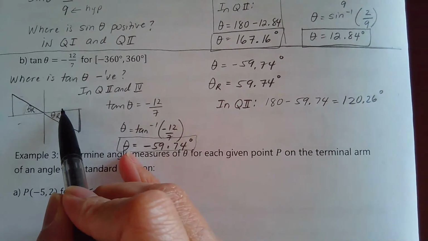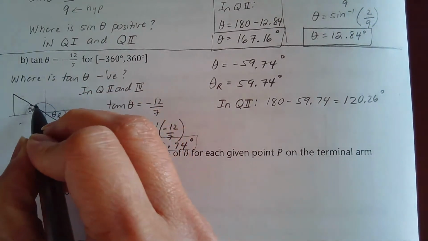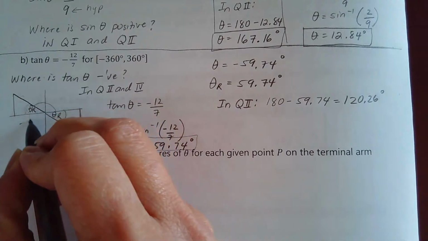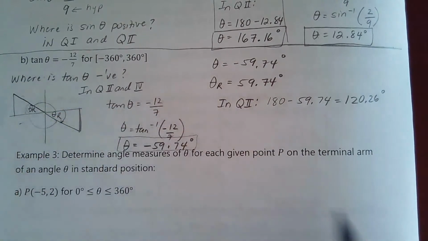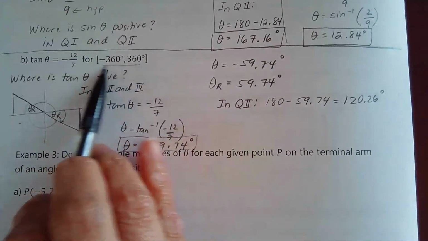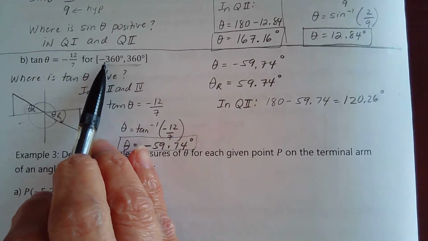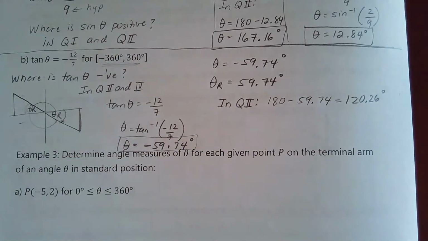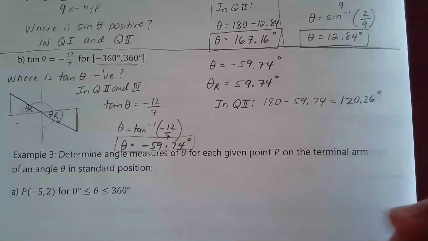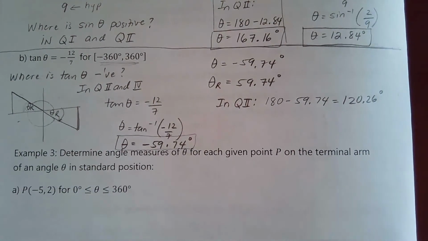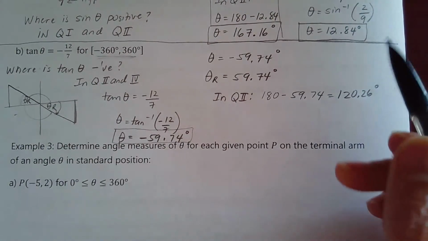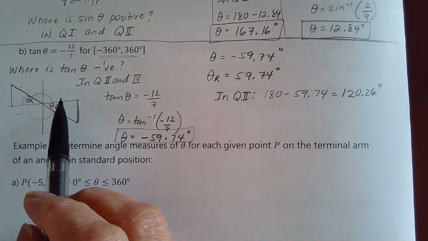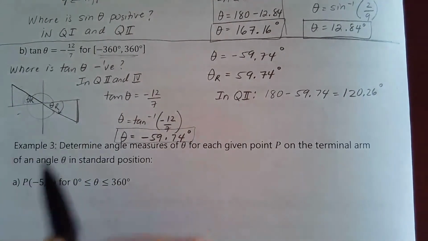Now if I go from here all the way to there, because remember our angle is from negative 360 to positive 360, I'm going to deal with two different ways here. Let's do another way.